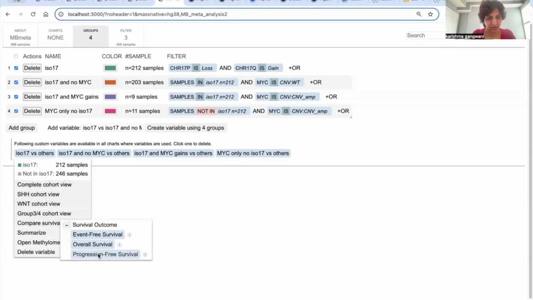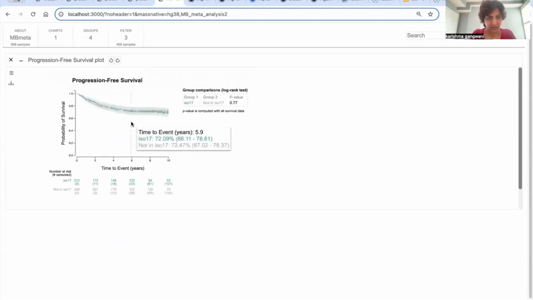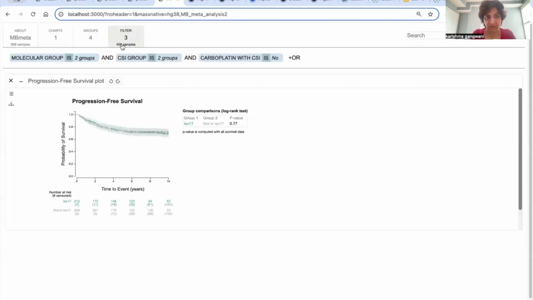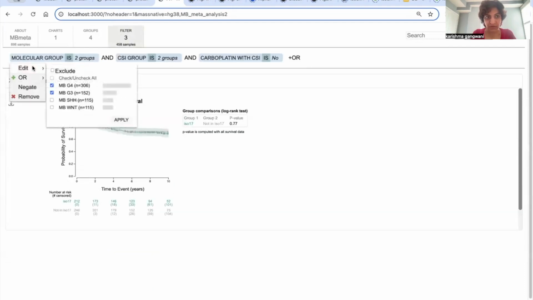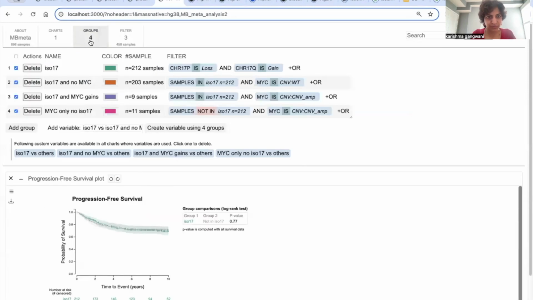So I'm going to click on progression-free survival. And what do we see here? The green one is the ISO 17. Now remember, this is the group that also contains MYC cases. And when you look at the rest of the group 3, group 4 cohort, so we have filtered for those, right? We are looking at only group 3, group 4. So the others are all the rest of the cases that do not have the ISO 17 chromosomal aberration.